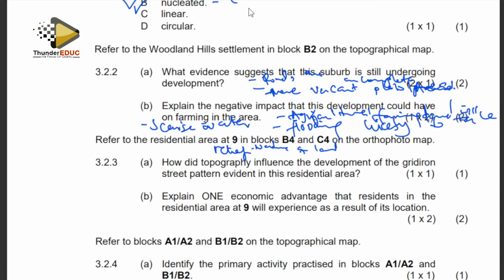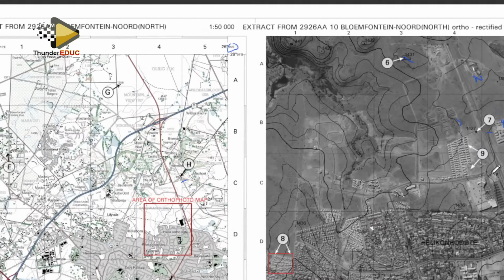Okay, so we are looking at how the nature of the gradient influenced. So if you look at the area, is it steep or is it gentle? Let's go back. When you look at this area, look at the contour lines. The contour lines on this other side are a bit close to each other, but here they are far away from each other, meaning that this area is flat.